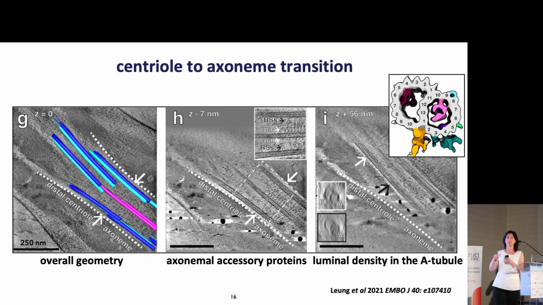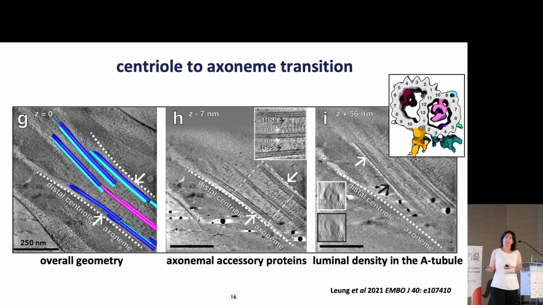The axoneme is very symmetric, and it really looks like a barrel, but in the centriole part, the microtubules are really opening up. But I think the most obvious one is that the accessory proteins that are known to be in the axoneme, you will not find them in the part which is the centriole.